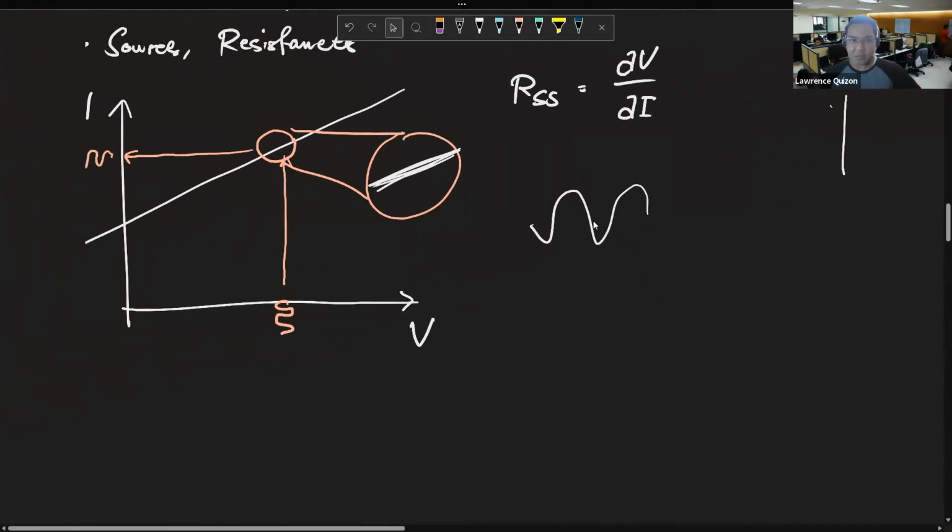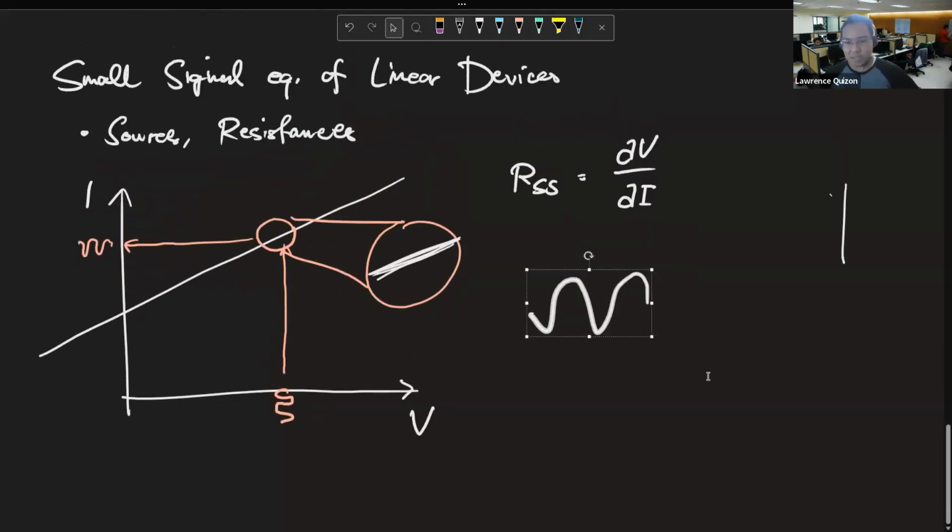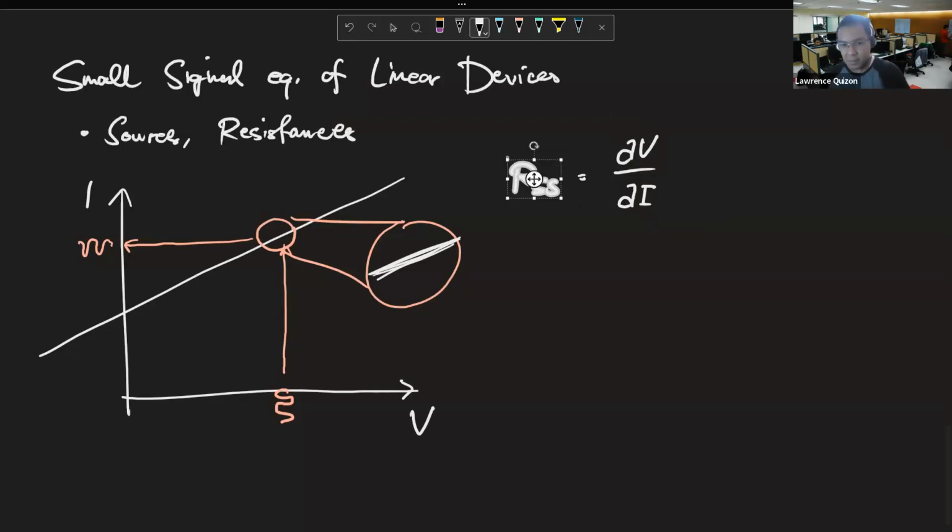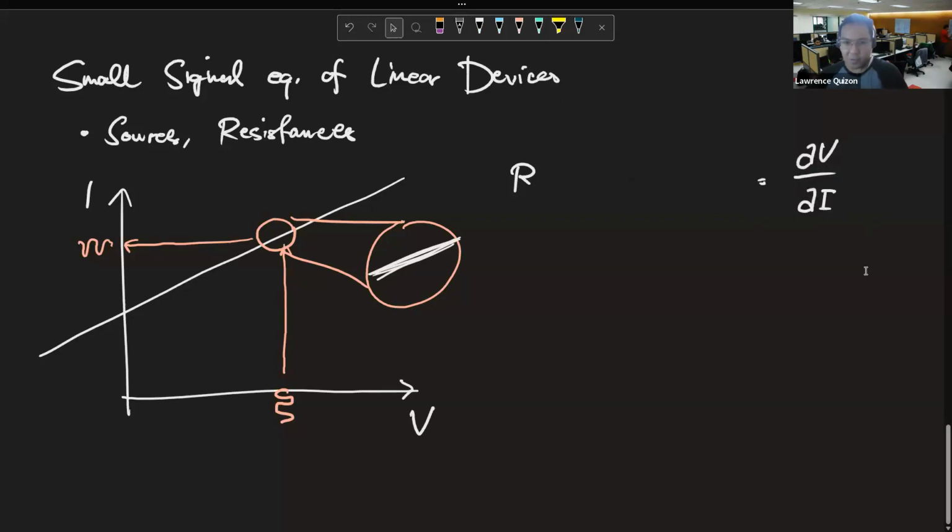That's the essence of calculus. So we use the derivative to describe the line. This is the slope of that line. So linear devices are resistors in small signal. And we get that by taking the slope.